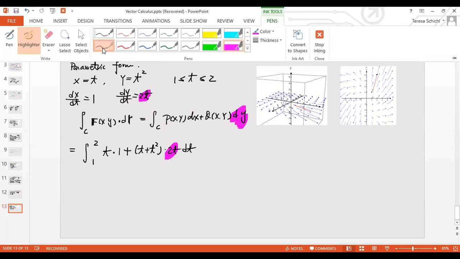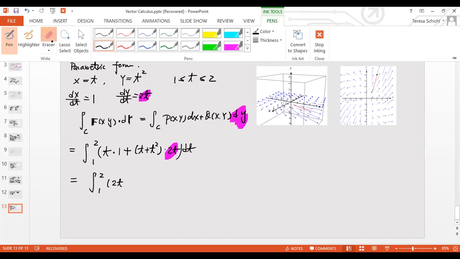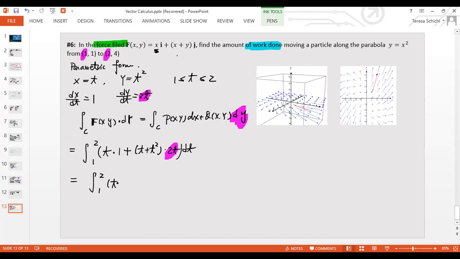Now I have changed everything to dt, so I can combine a little bit. t plus t is just 2t, so this is 2t squared plus 2t cubed dt.